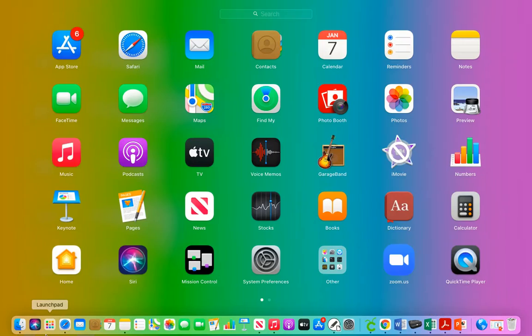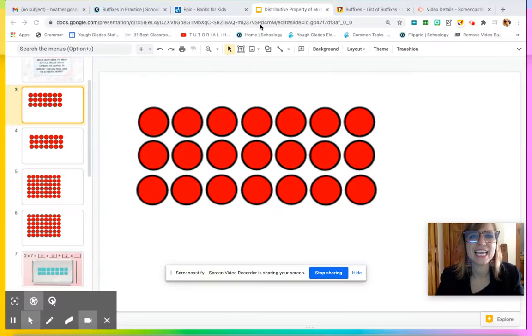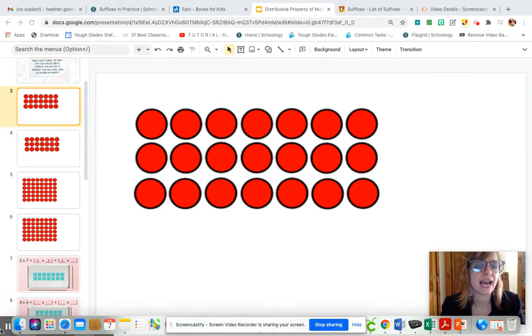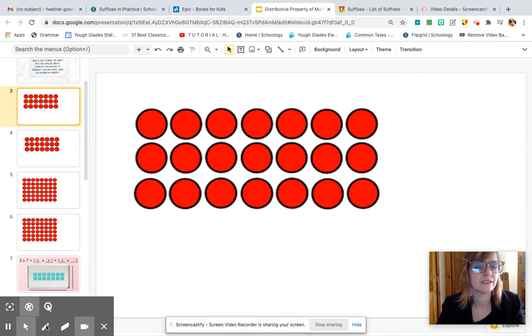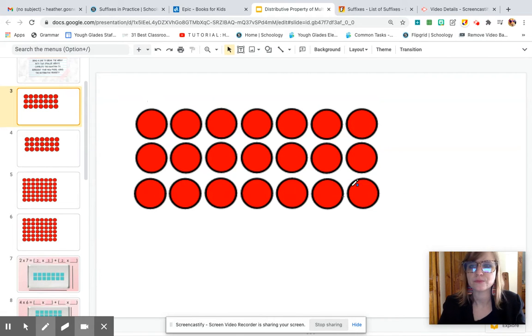So here we have 3 rows, 1, 2, 3. We have 3 rows. I'm going to write it right here. 3 rows of, remember that symbol only means equal groups of.